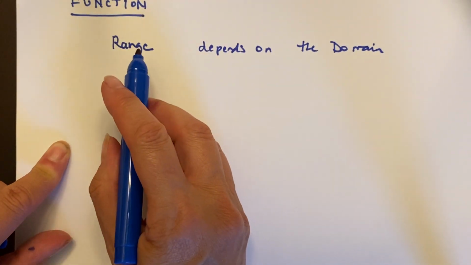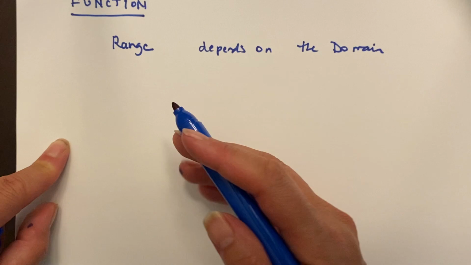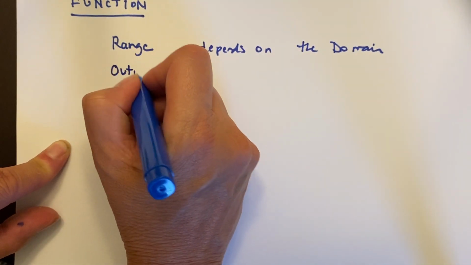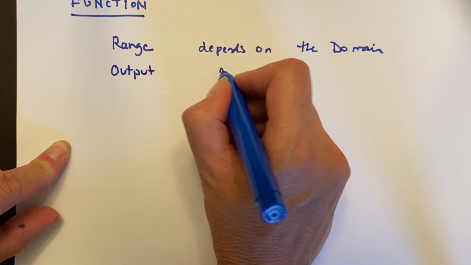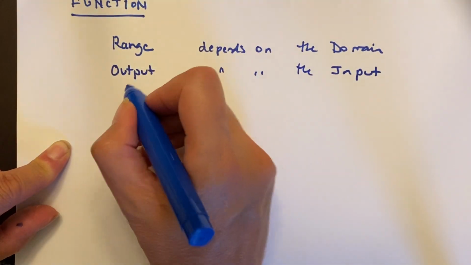In other words, the cost of gas depended on the number of gallons, right? The range depends on the domain. The output depends on the input.